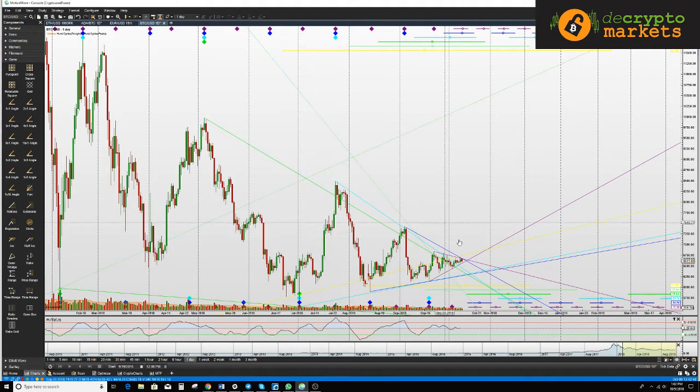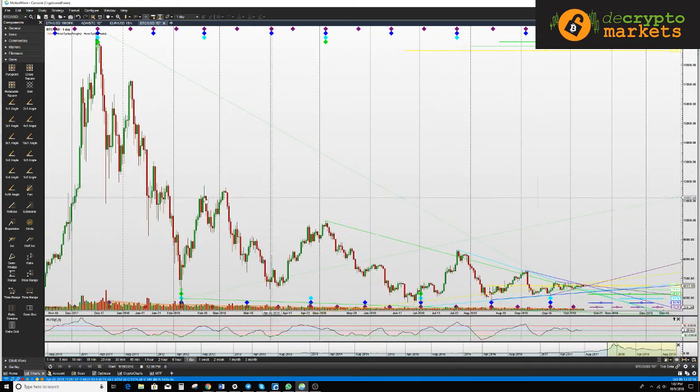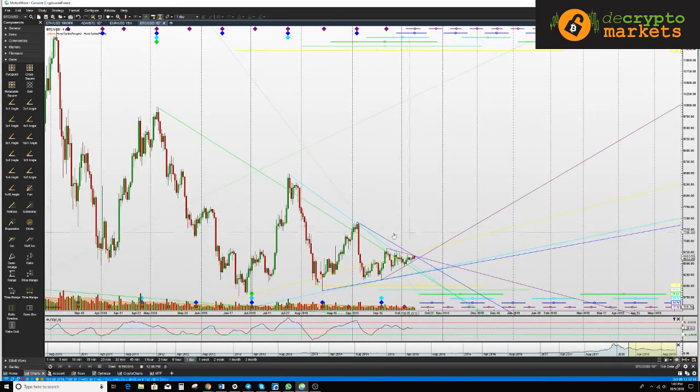On here we see the 18-day Hurst cycle. There are trend lines that you draw off of those cycles as well. The 18-day trend is the purple trend lines, and these are called VTLs, valid trend lines.